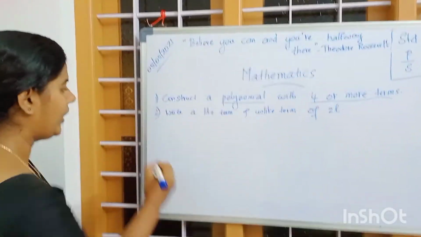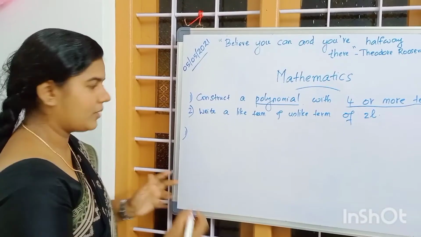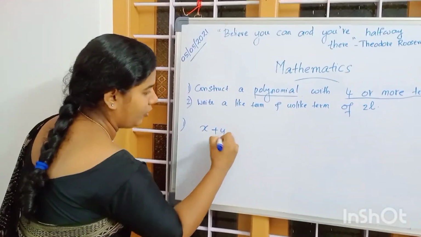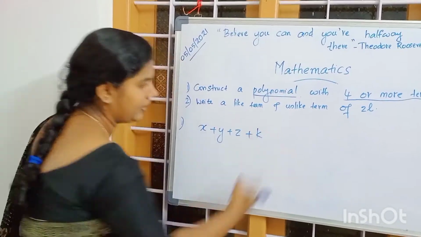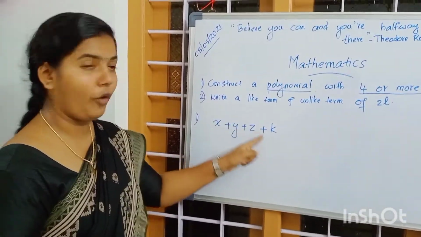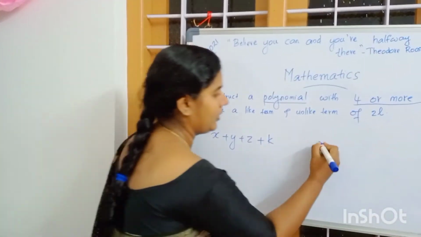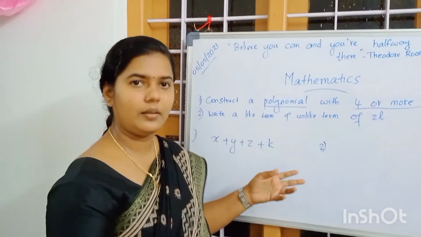So can you tell me one such polynomial? Yes, very simply, x plus y plus z plus k. This is an algebraic expression with 4 terms and this is a polynomial. And what about another polynomial?